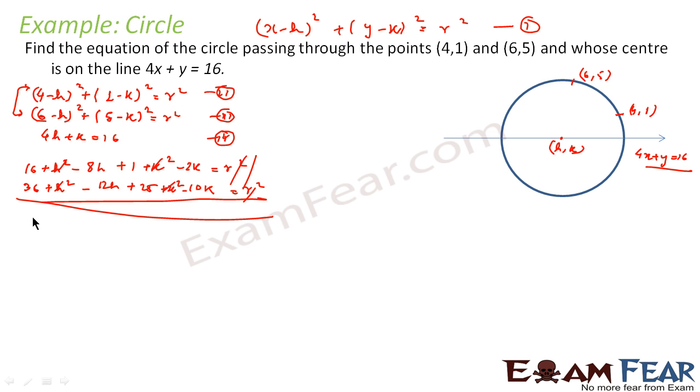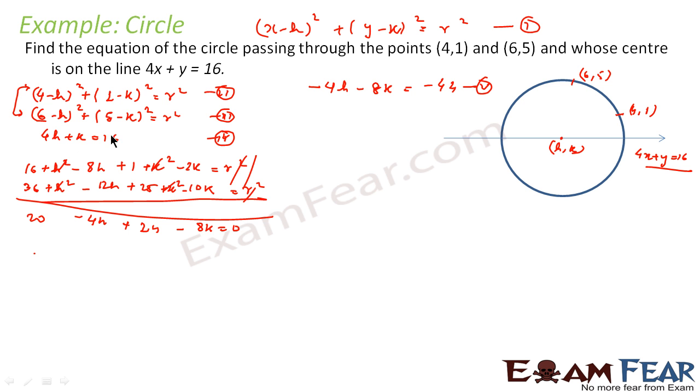So what you get is 20 minus 4h plus 24, 25 minus 1, minus 10k minus 2 minus 8k is equal to 0. Correct? We get a linear equation here: minus 4h minus 8k is equal to minus 44. This is my equation number 5.